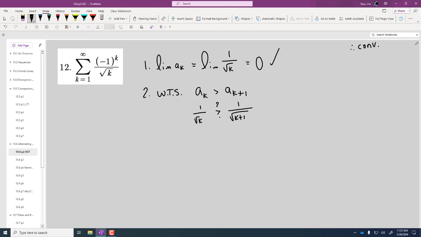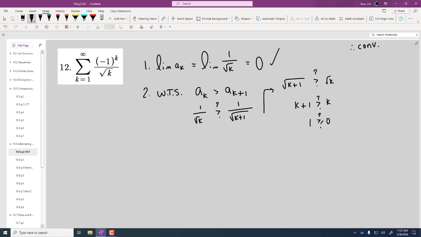Cross multiply. On the left we'll have square root of k plus 1. On the right, and these are all positive numbers here, so we don't have to worry about any inequality weirdness. Take the square of both sides. Subtract the k.